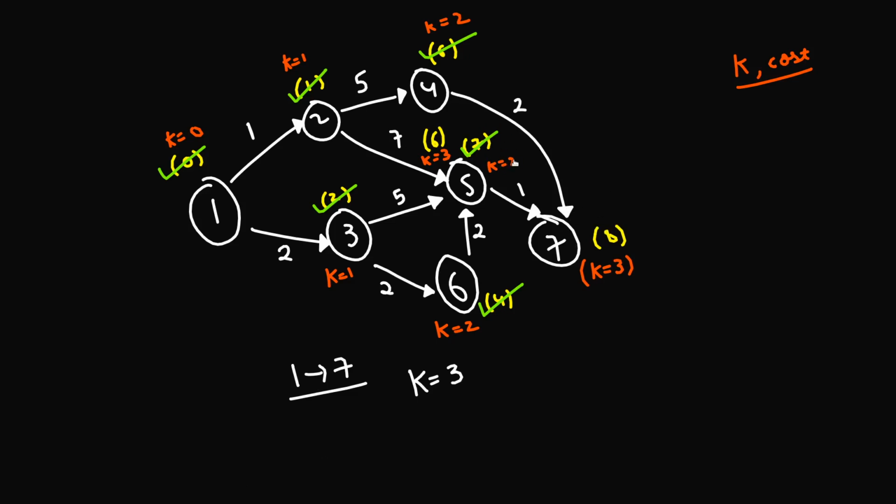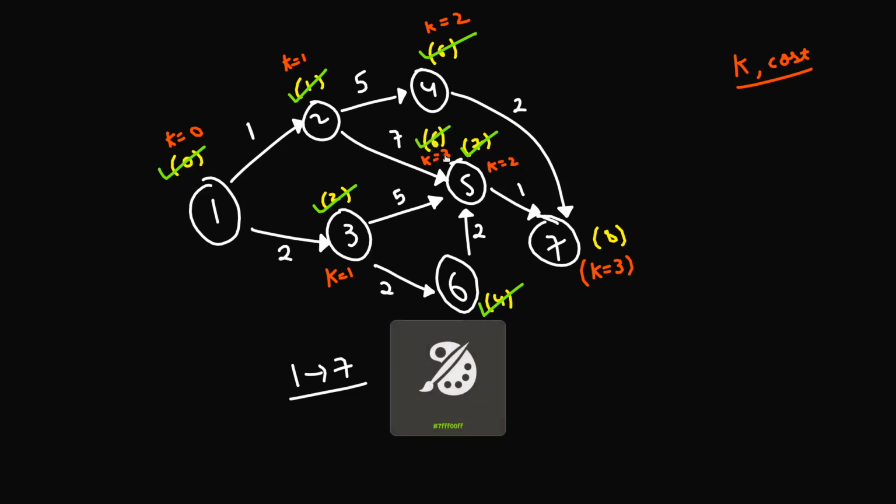Next thing that I'll be considering is, I have this entry where the cost is 6 and the k value is 3, and I have this entry where the cost is 8 and k value is 3. Since both of them are having the same value of k, I'll be giving the priority to the cost. So which among these two is having the lower cost? Since this is having the lower cost, I'll be picking that. The cost is 6 and I'll be going to its neighbors. Since the cost is 6, 6 plus 1 is 7.